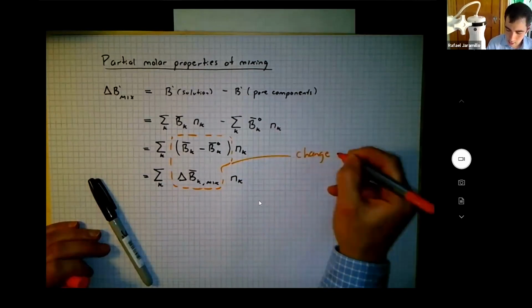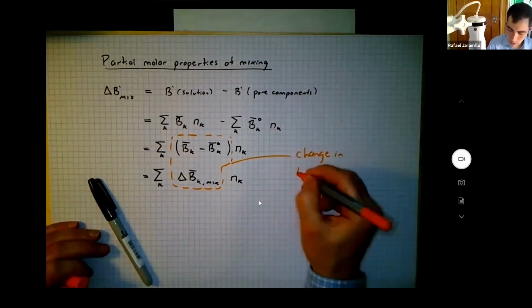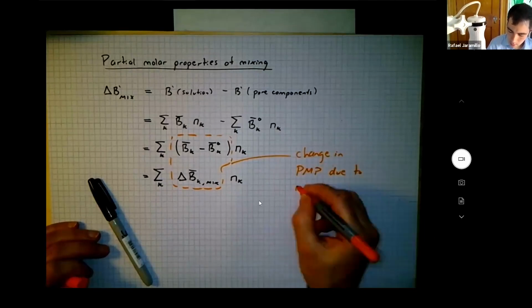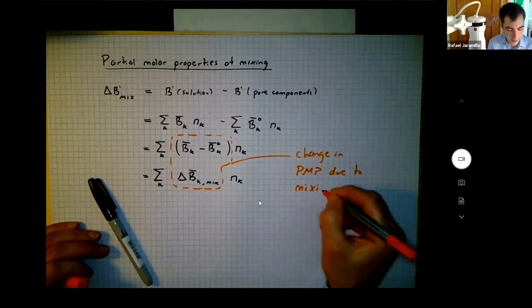Change in PMP due to mixing. My goodness.